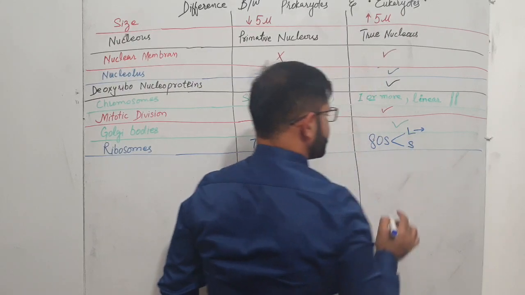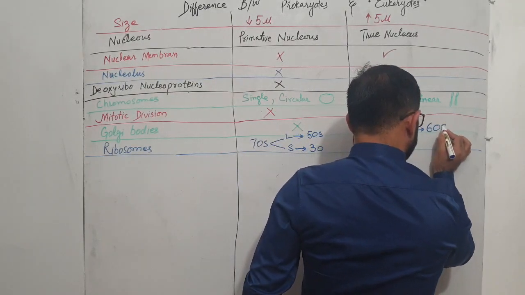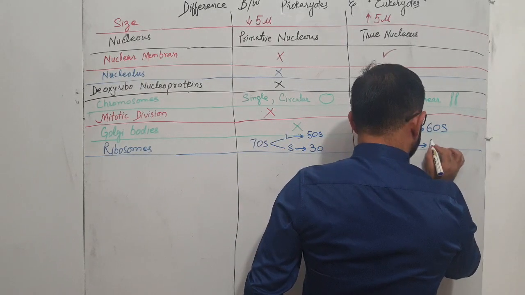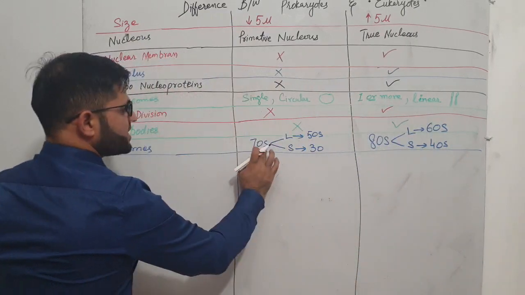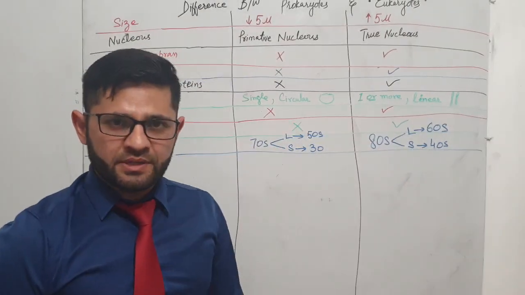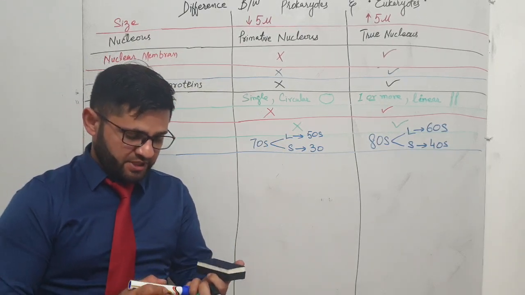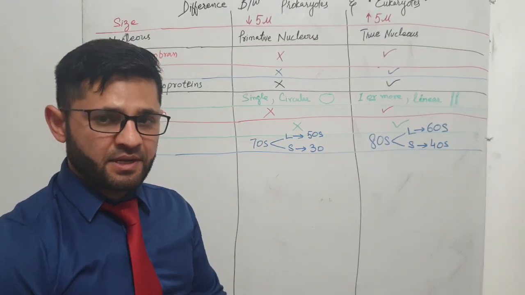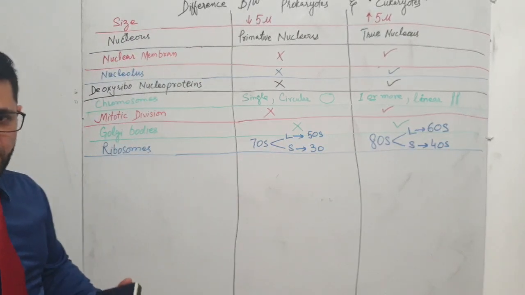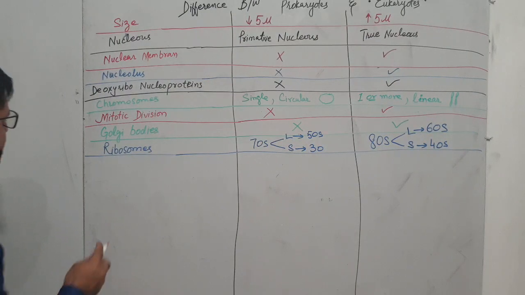The larger subunit consists of 60S and the smaller subunit consists of 40S. Okay. S means Svedberg unit, also known as sedimentation coefficient, or sedimentation rate. Clear? So don't be confused among these. Now let's discuss the endoplasmic reticulum.